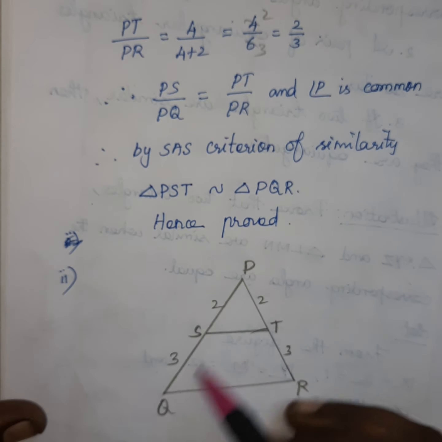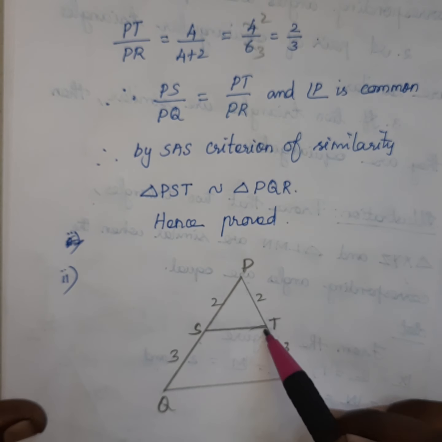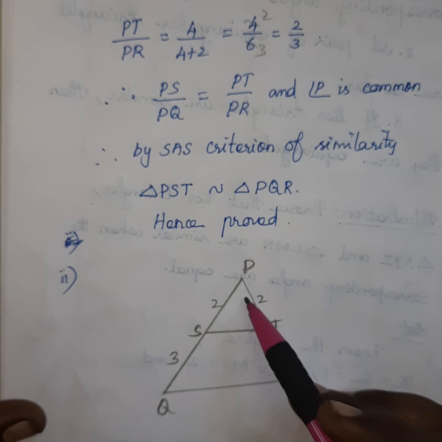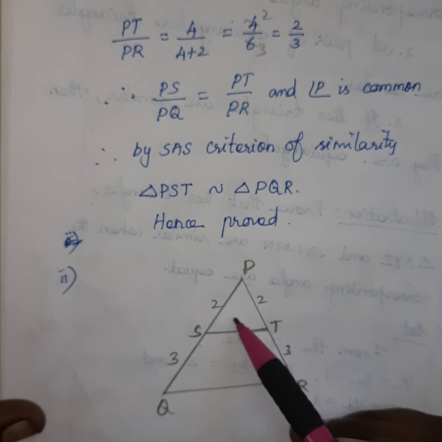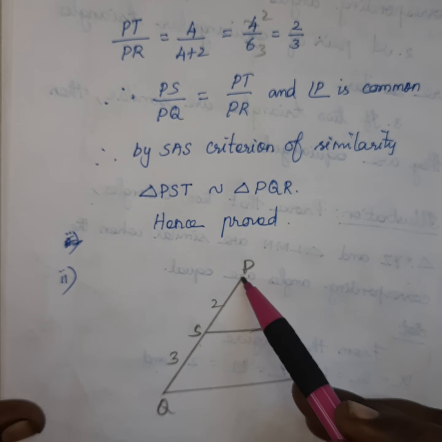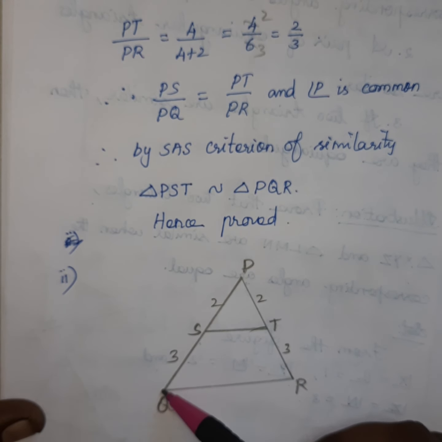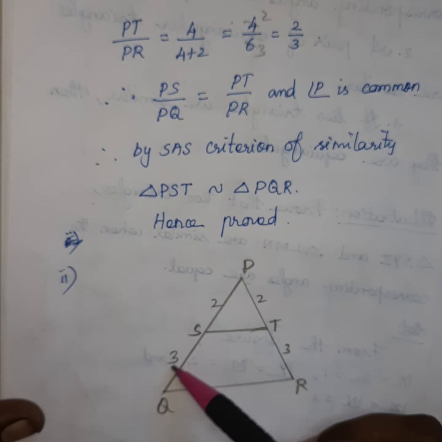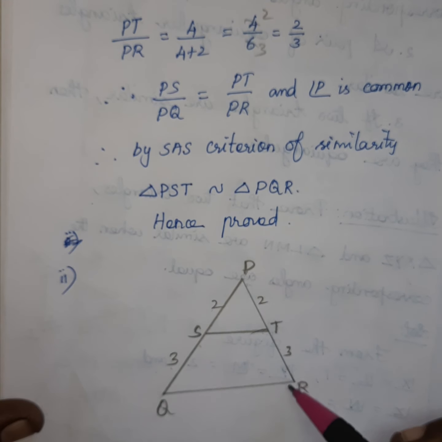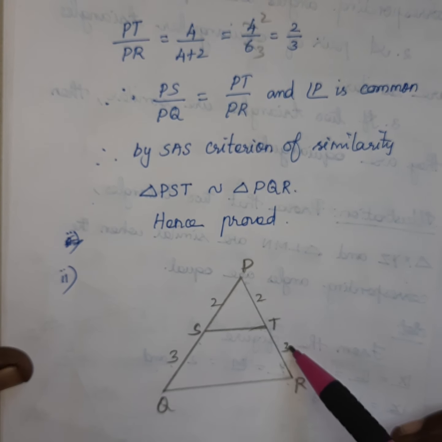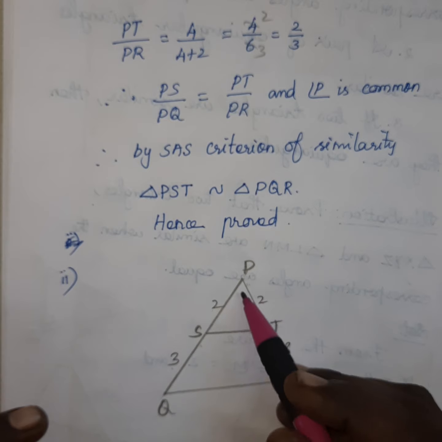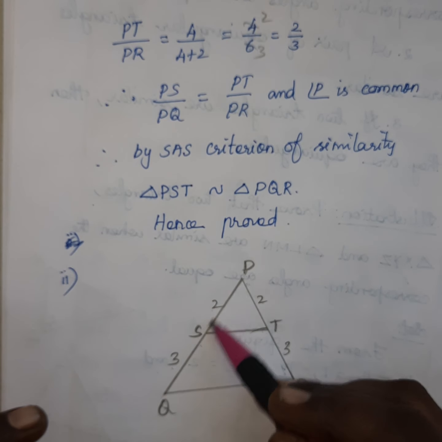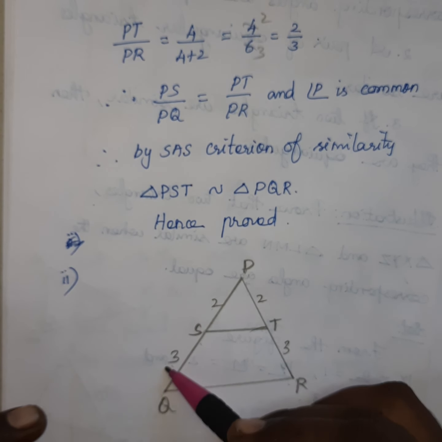See triangles PQR and PST. Here also you need to prove triangle PST is similar to triangle PQR. Same question. Now PS divided by PQ, what is the value? Here this value is wrong. PQ value is not 3; it is PS plus SQ, so 2 plus 3, it is 5.